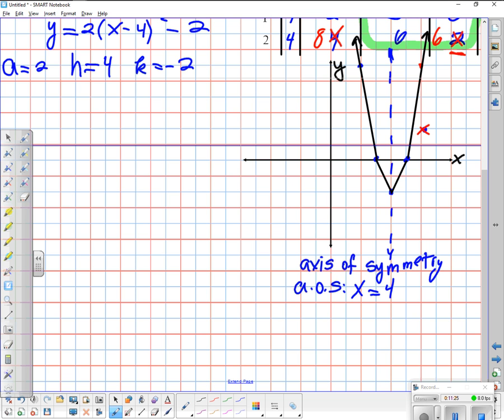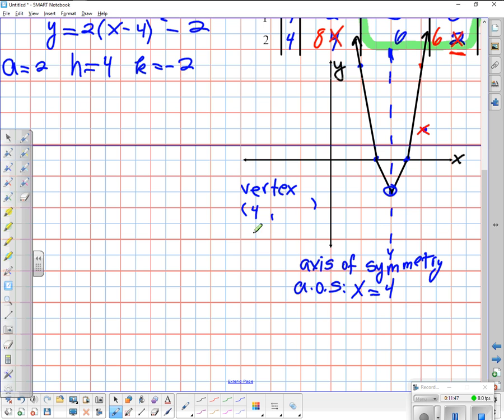Now, remember this point is called the vertex, and what makes the vertex very, very important is that it is a point right in the middle. Okay, now tell me the vertex, tell me the point. The x value, this will be 1, 2, 3, 4. X is 4.